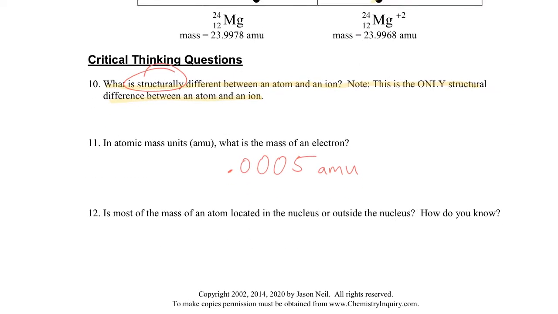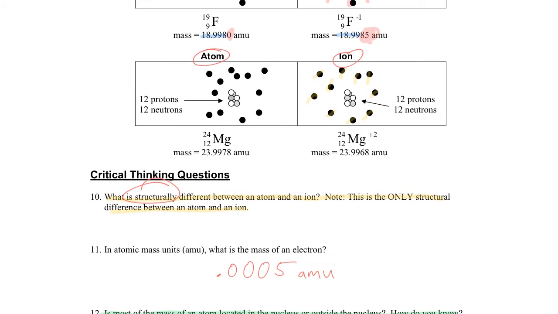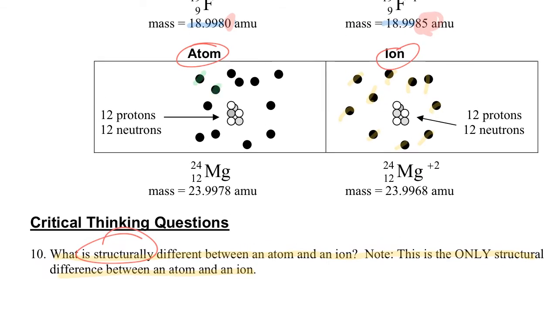Now, they don't have to memorize that number, and I'm clear to tell them that when we debrief this, but it leads to the next question very nicely. Is most of the mass of an atom located in the nucleus or outside, and how do you know? Well, if all of these electrons have a mass of only 0.0005, then where does all this mass of an atom come from?